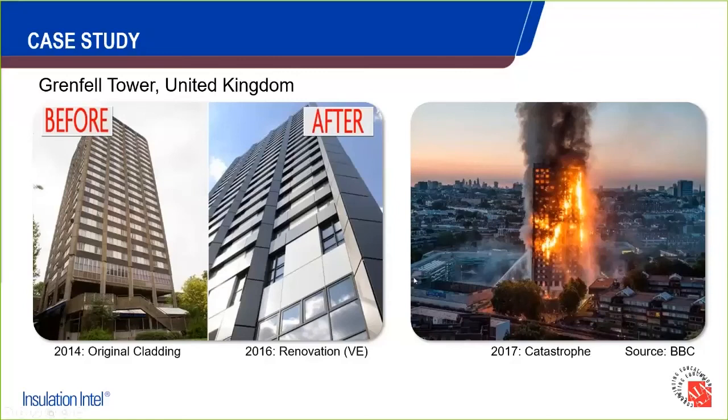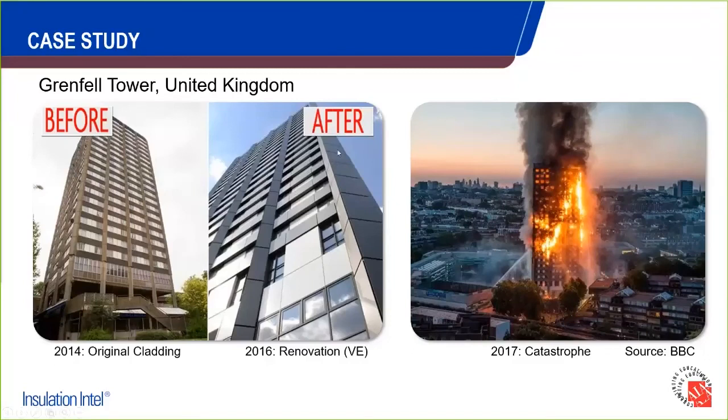So this fire actually started in a fairly benign fashion. A refrigerator in a unit in the 24-story tower malfunctioned and sparked and caused a fire in a unit. And this fire extended to the exterior of the building and caught that new cladding system on fire.